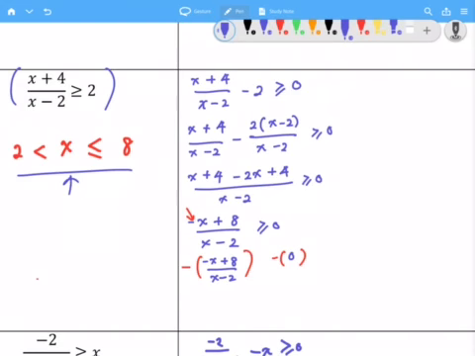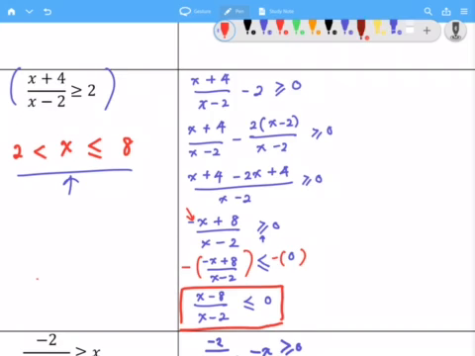So when you multiply both sides with negative, this sign will also change. Now you are gonna get x minus 8 over x minus 2 lesser or equal to 0.